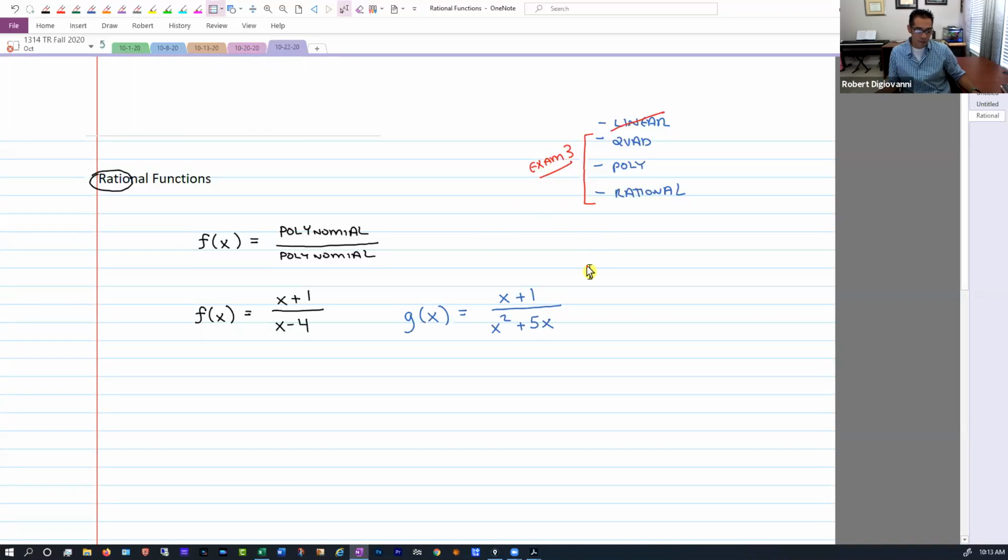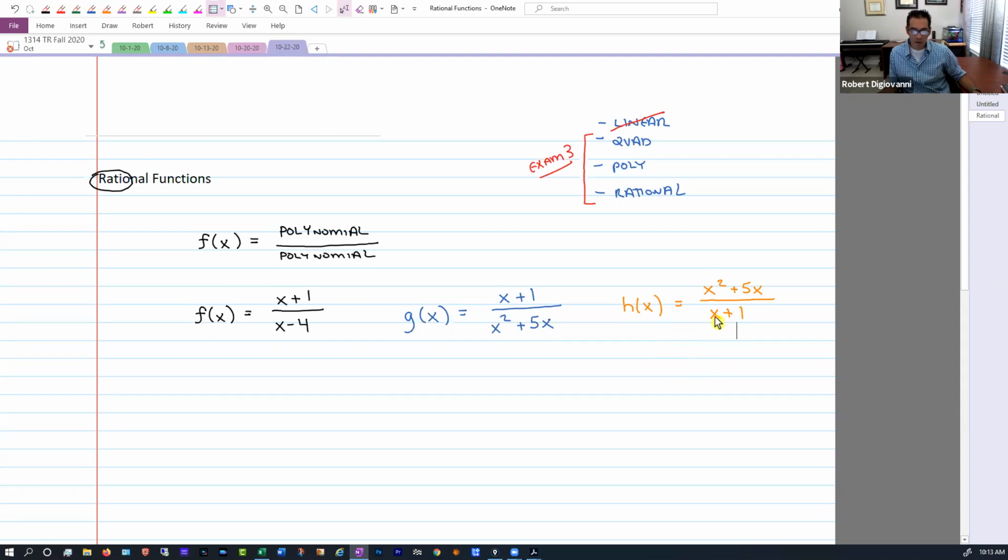So you still have a polynomial divided by a polynomial, but the bottom is different. It's not a line, it's a parabola. And then let me give you another one, h of x. How about I take the problem we just did, g, and what if I flip it over? Put the quadratic on top and put the linear on the bottom.